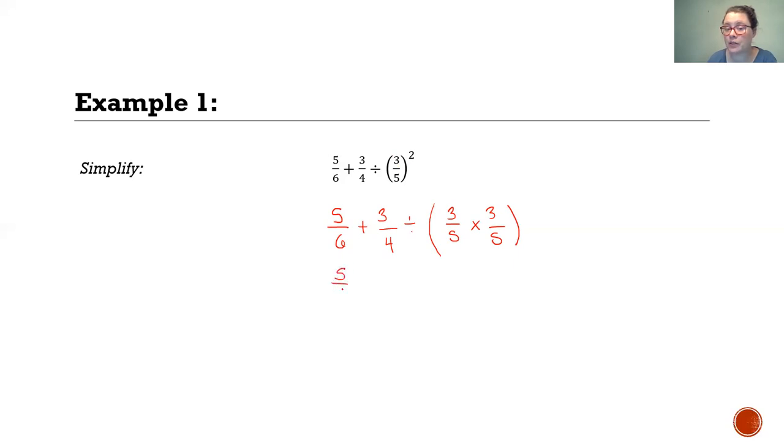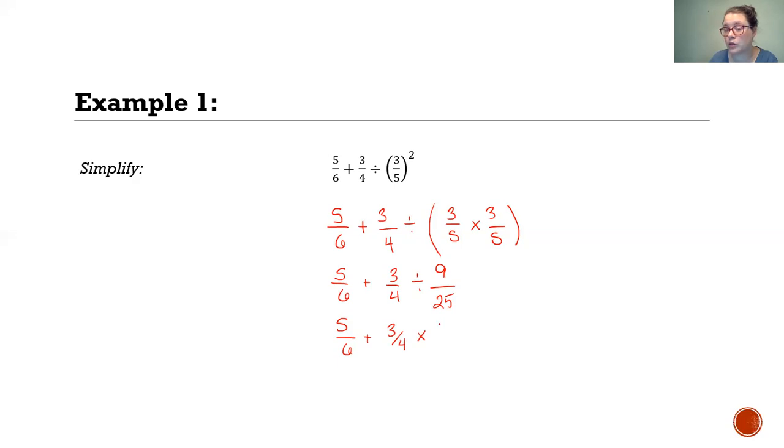So now we have 5/6 plus 3/4 divided by 3 times 3 is 9 over 25. Okay, next step, let's do our division. Let's write it out with multiplication. 5/6 plus 3/4, and we're going to flip the second fraction. So the division turns to multiply.